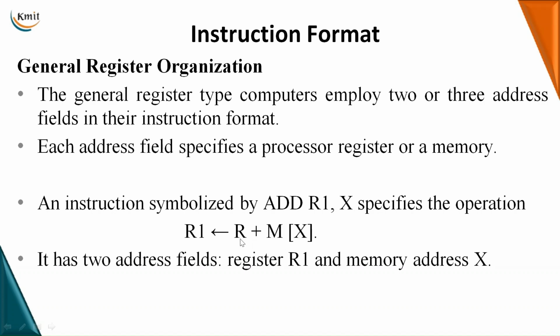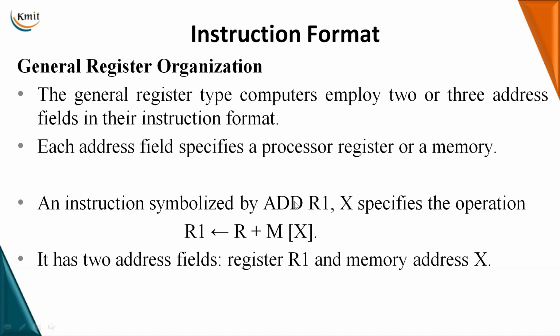So it performs addition on the contents of register R1 and the word which is specified at the memory location X. This is R1, not R. And the result is again stored at R1. So it requires two address fields: one address field to store R1, and the other address field to store the memory address of X. So this is a two address instruction.